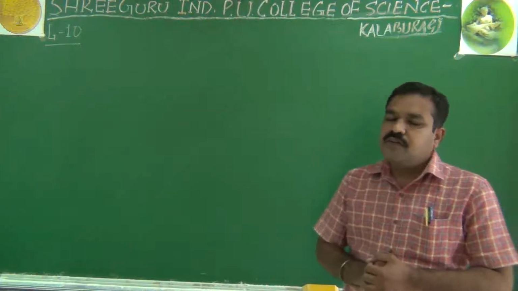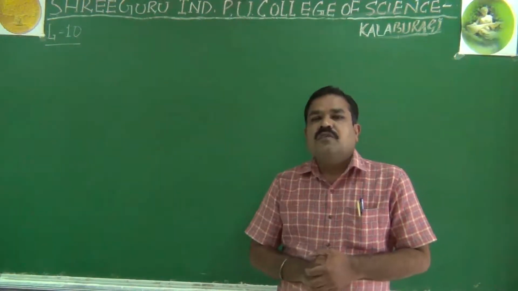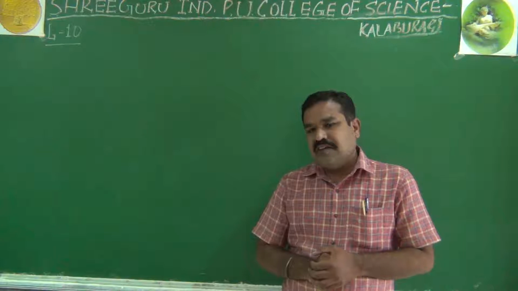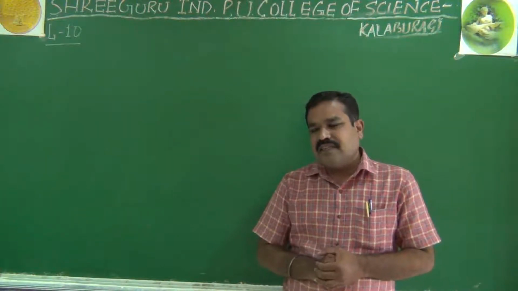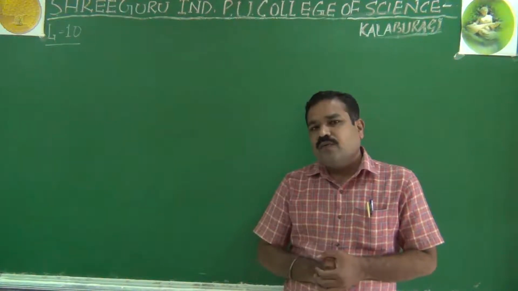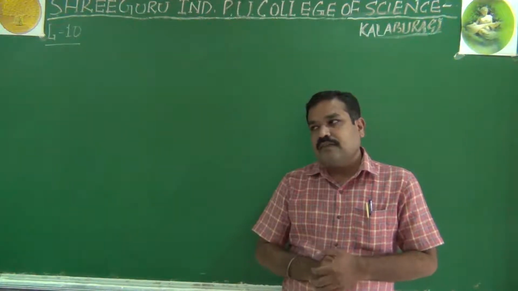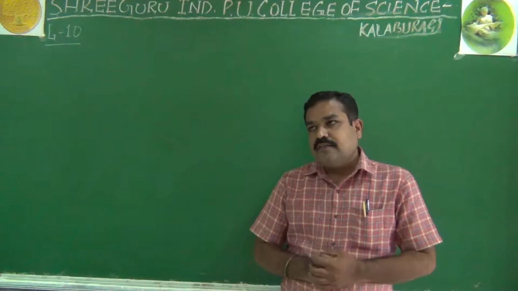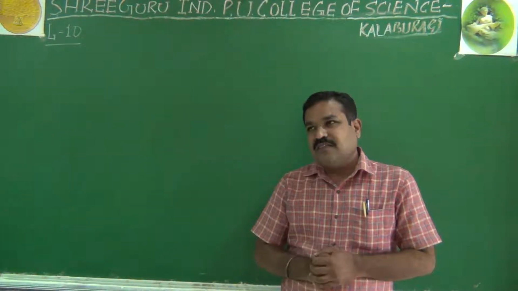Not only that, we also solved some more problems: when wavelength is given, how to calculate frequency and how to calculate the wave number. Like this, in the previous class, we solved some 6 numericals.